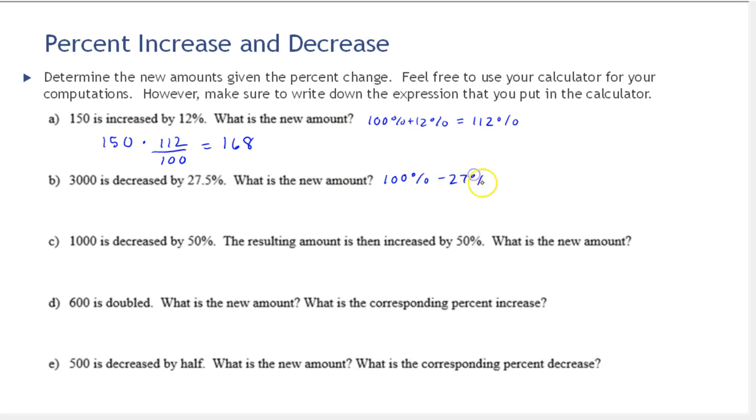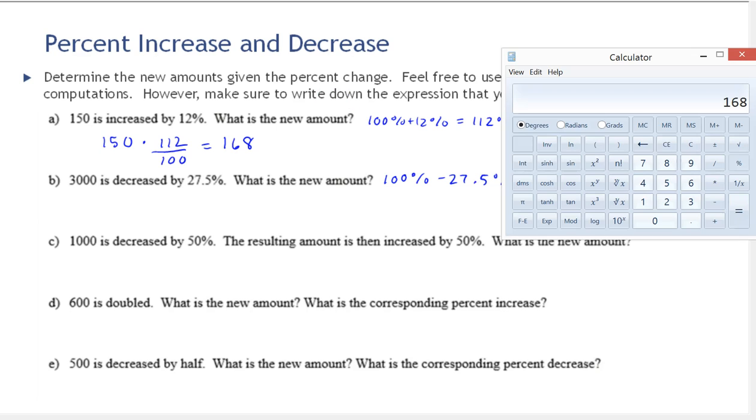So since it's decreased, we subtract. Oops, I left off the 0.5 there. Okay. Now this difference, 100 minus 27.5, gives us 72.5%.